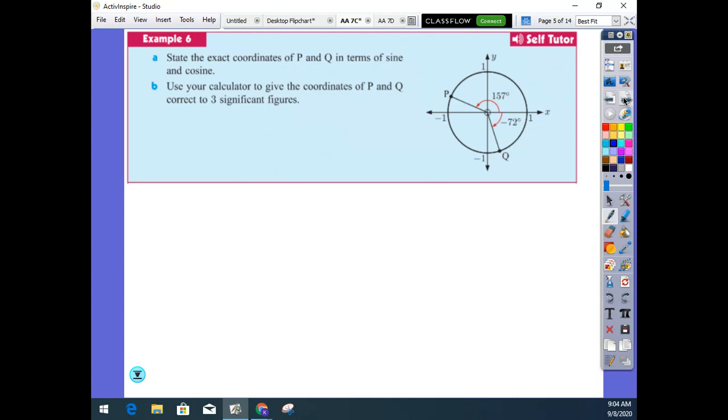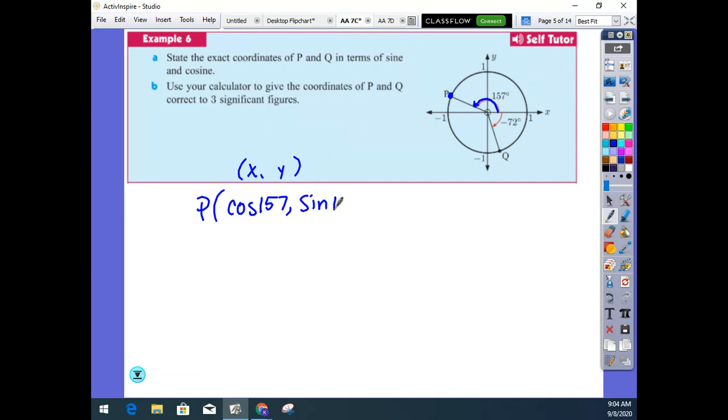Okay, so this coordinate point here, if I draw an angle of 157, what's the x coordinate? X is cosine of the angle.